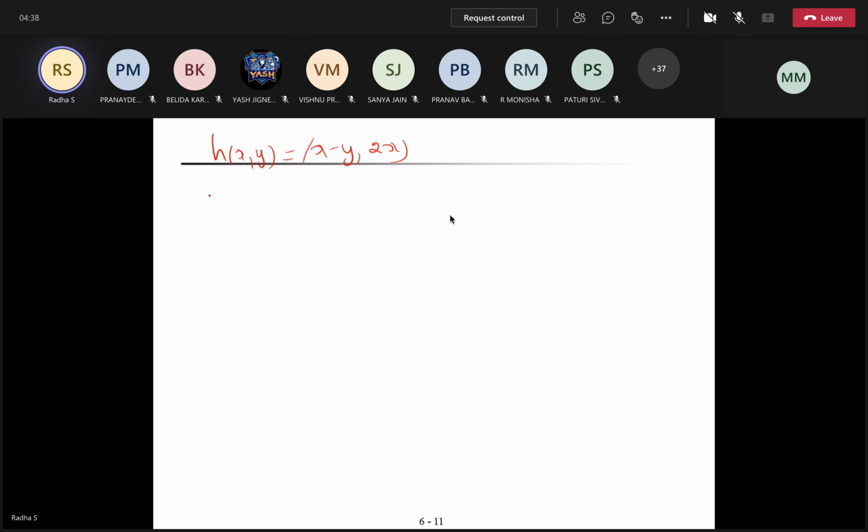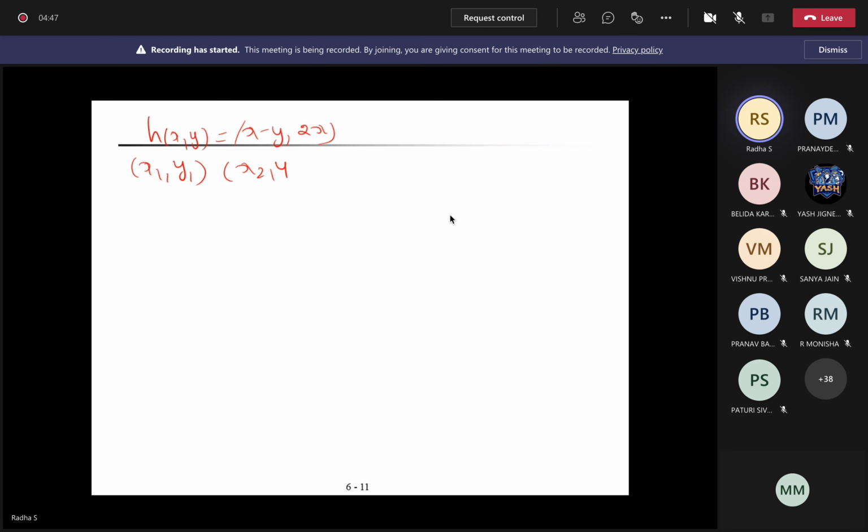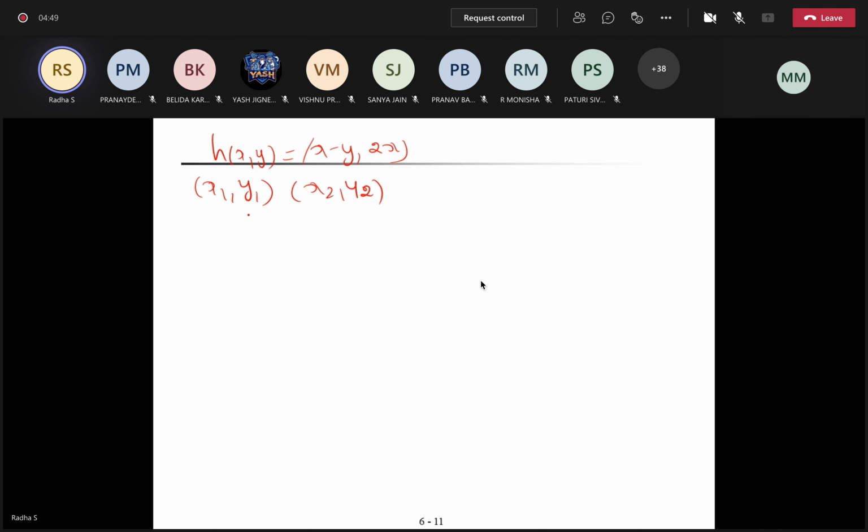Okay, so to check whether this is a linear transformation, I take two points, x1 comma y1 and x2 comma y2, and add them: x1 plus x2 comma y1 plus y2.